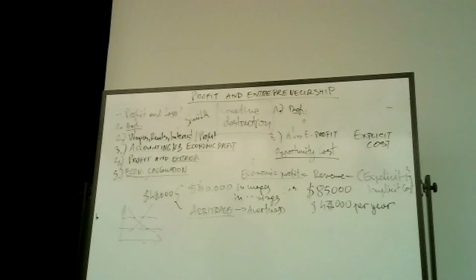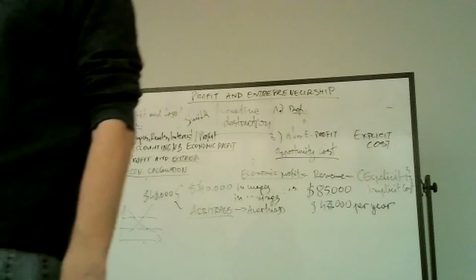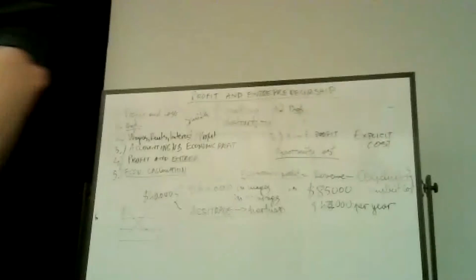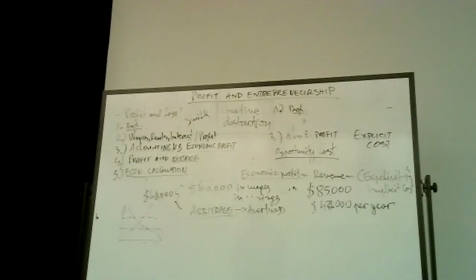Entrepreneurs will undertake any venture only if they estimate that the expected revenue will exceed the sum total of explicit cost plus opportunity cost of them doing so. So that would be pretty much everything that you need to know about this.